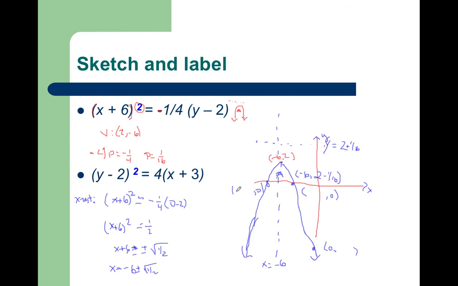So this one is -6 minus the square root of 1/2. And this is -6 plus the square root of 1/2. How do I find the y-intercept?